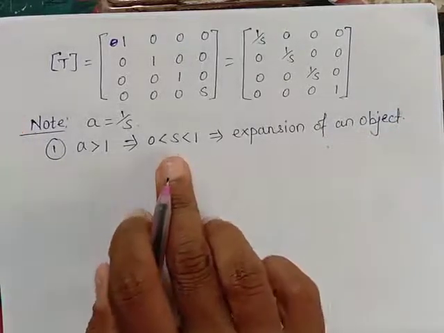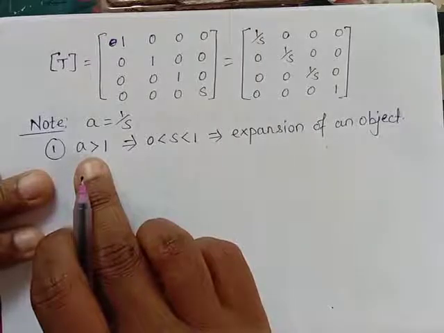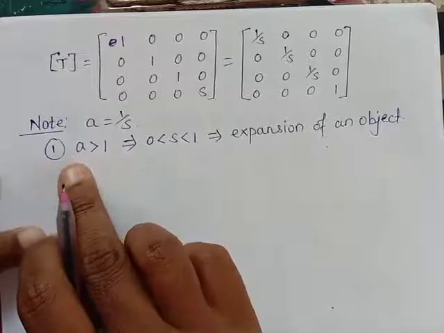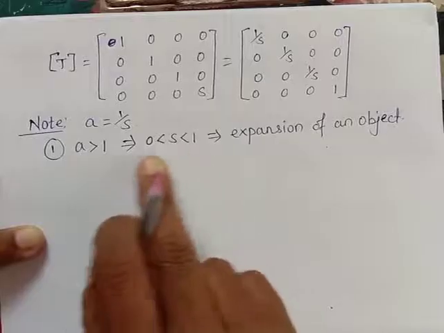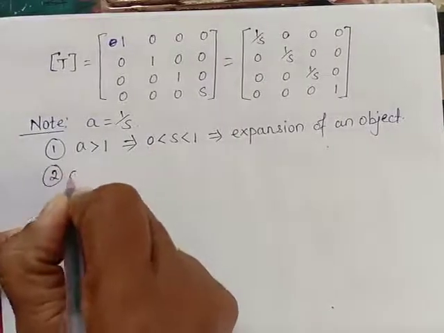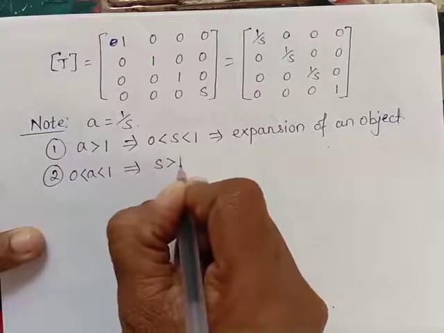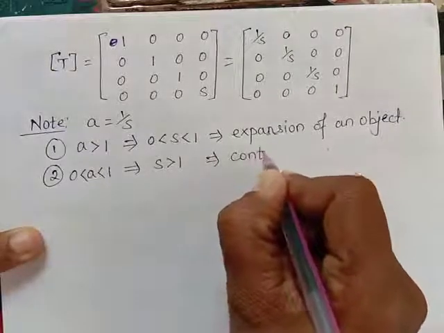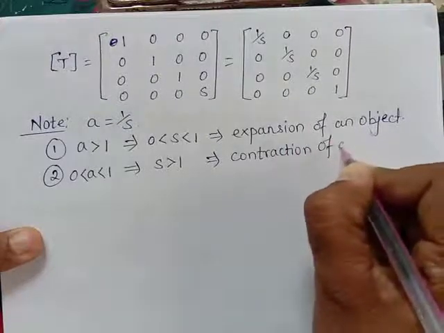Means in uniform scaling, that factor is greater than 1, but in overall scaling that factor must lie between 0 and 1. Second thing, 0 less than a less than 1 implies S is greater than 1. So in that case contraction or compression of an object occurs.